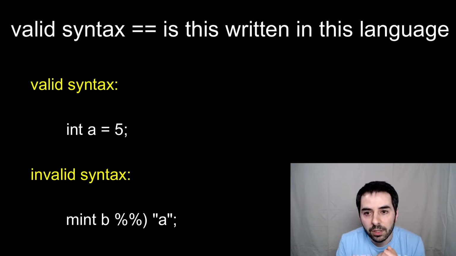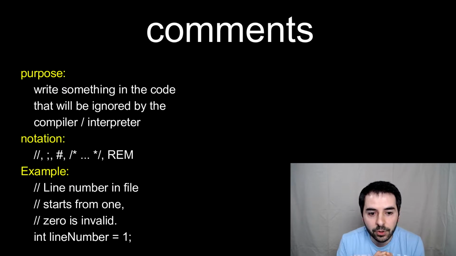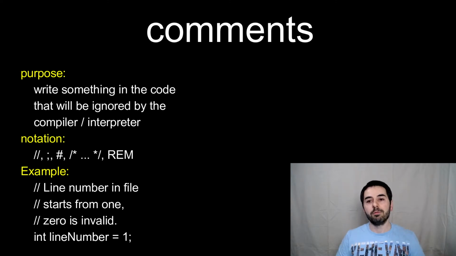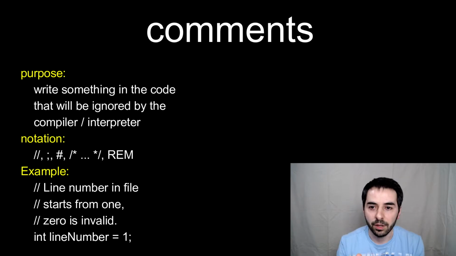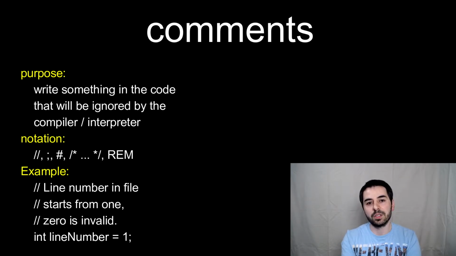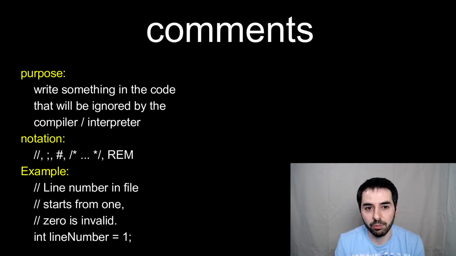Okay, so let's start with the comments first. Comments are basically part of the source code that the compiler or the interpreter ignores, which means every single thing other than comments will be considered part of the program. Comments are not part of the program, they are just there for documentation purposes.